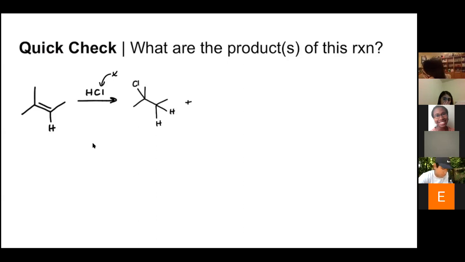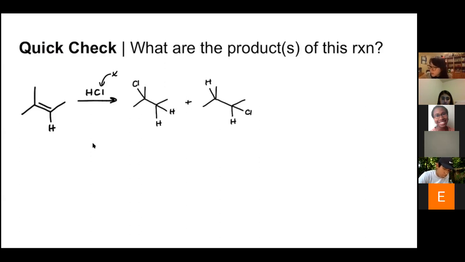It's going to be one product. And this will be your other product.